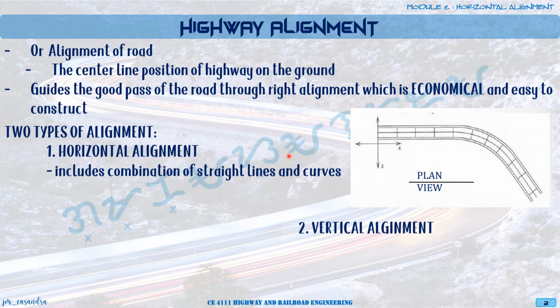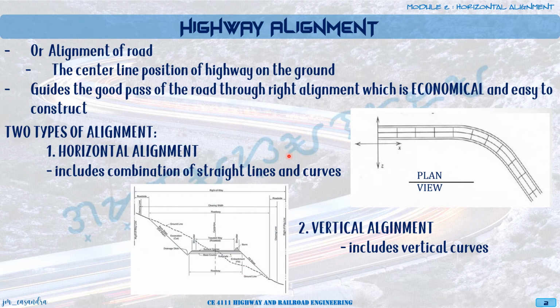And then we also have our vertical alignment, which would include now our vertical curves. So in vertical alignment, this will now include or take into consideration the profile of our road. So in this lecture, we'll be focusing on horizontal alignment.